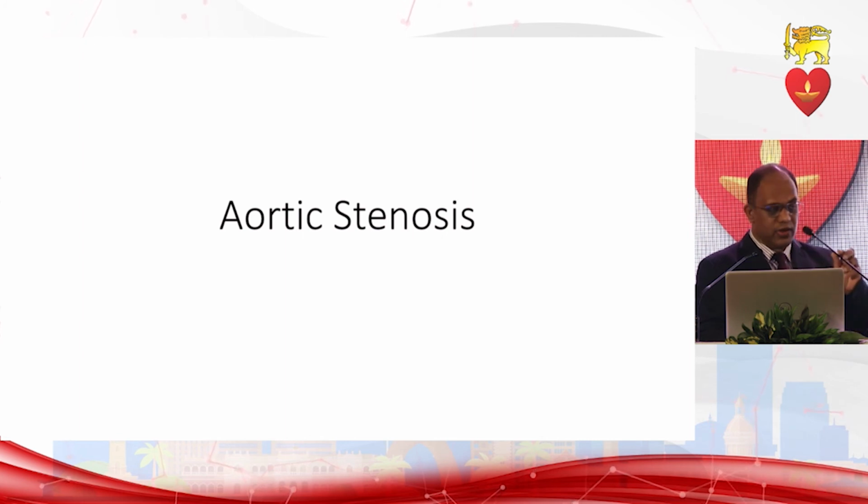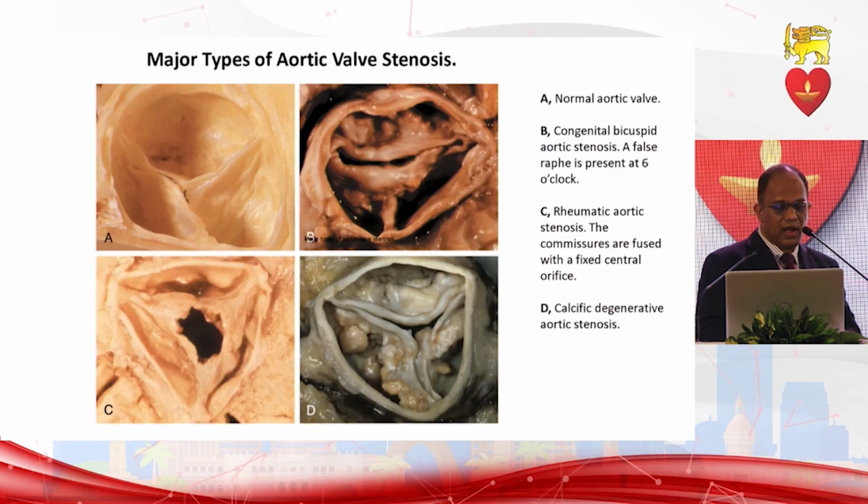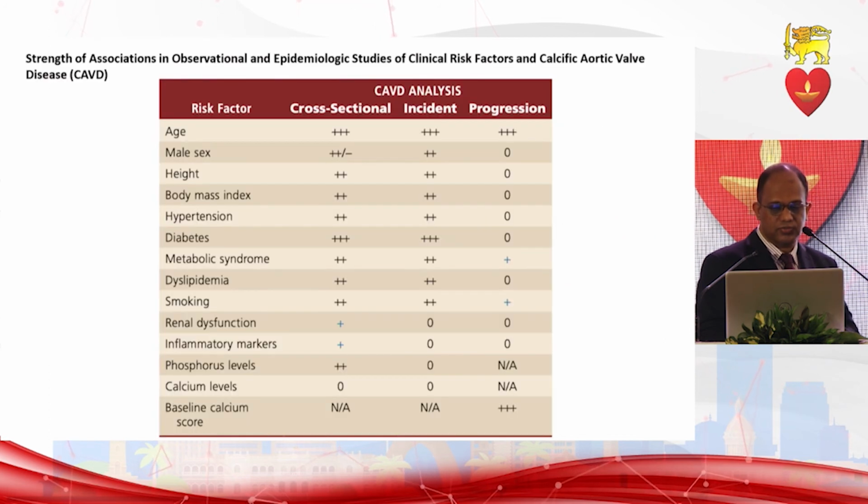Briefly, we'll go to aortic stenosis. Aortic stenosis is also a very common problem, and aortic valve stenosis is mainly due to rheumatic and degenerative causes, and there is a congenital variety as well, where a bicuspid valve causes aortic stenosis.